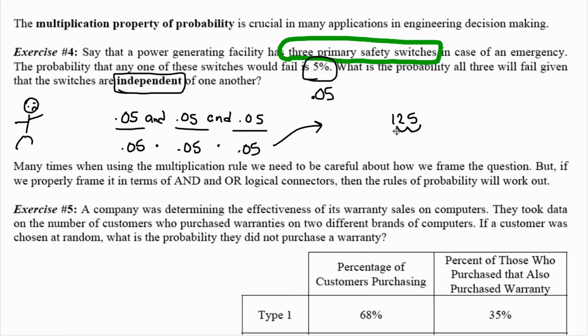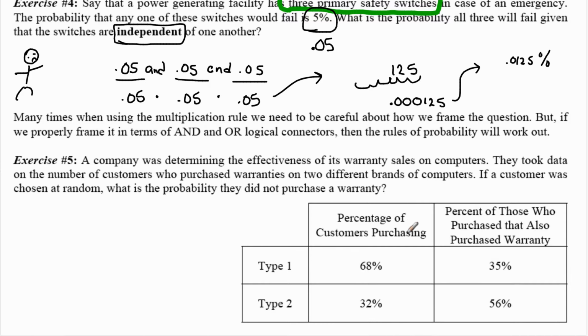So that is a 0.000125 chance. If I wanted to change that into a percentage, it would be a 0.0125%. That's an incredibly small chance of all 3 failing.